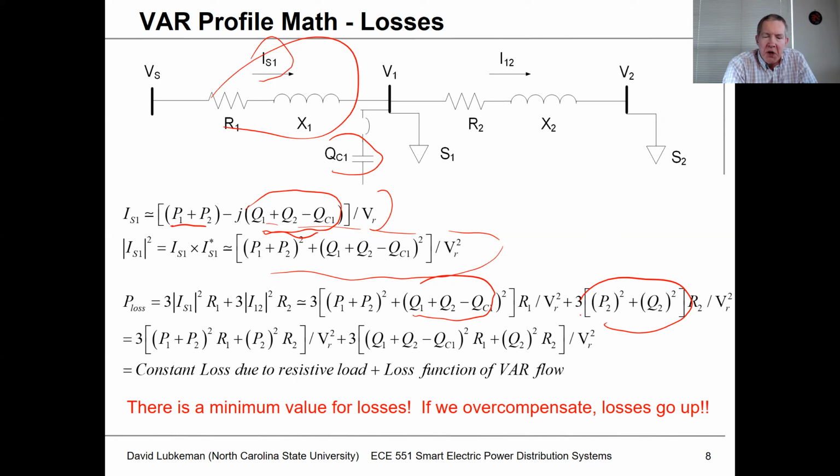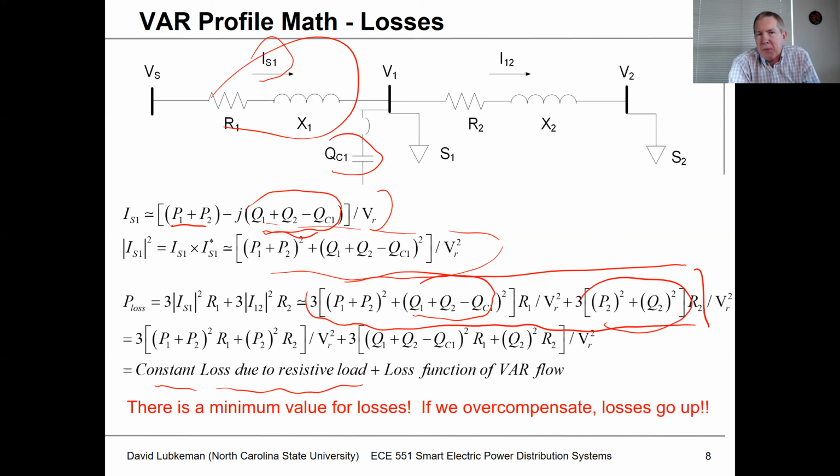If you have this expression right here for losses in terms of P and in terms of Q, you could break that into 2 parts. You can break that into the part associated with P and the part associated with Q. And you can see here that this part associated with P isn't anything I can do anything about.